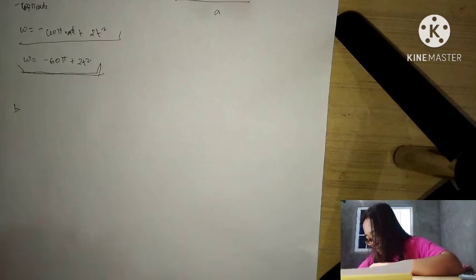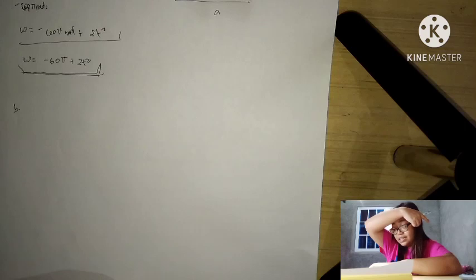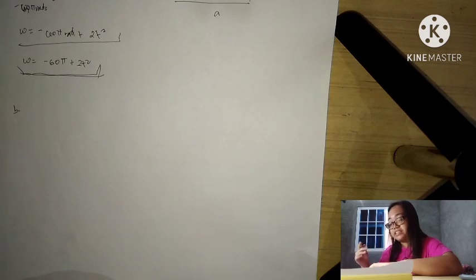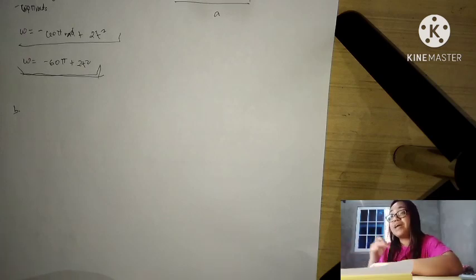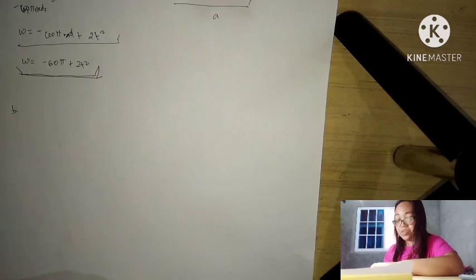Yung wheel natin kasi nagbago sa rotation direction. When yung angular velocity natin is momentarily zero. Ibig sabihin nun, yung omega mo i-change sa zero. Then, dun pa lang makukuha yung time.